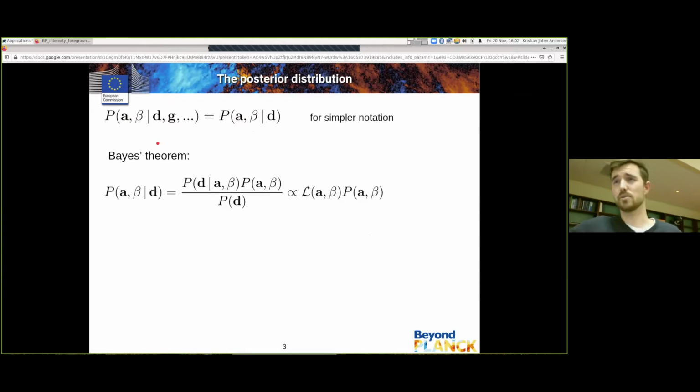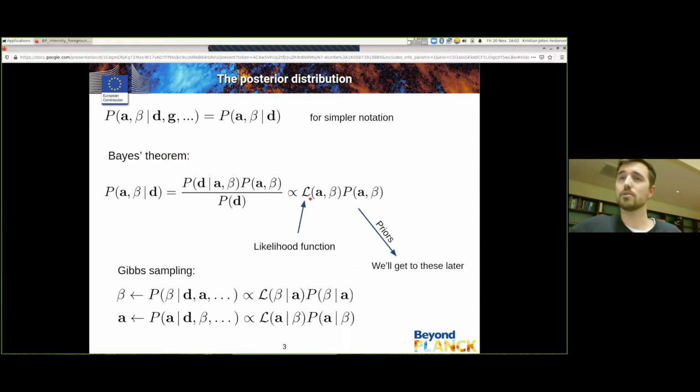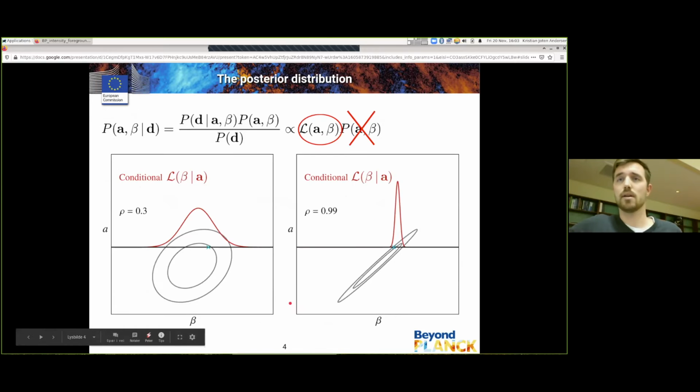Now, as Trygve also showed, this can be written with Bayes' theorem as the likelihood function and the priors, and we'll get to the priors later. Normal Gibbs sampling would then be conditioning on these two functions or distributions and drawing samples from them. With polarization, this is easy enough, as the potential correlation between the spectral parameter and the amplitude is quite low.